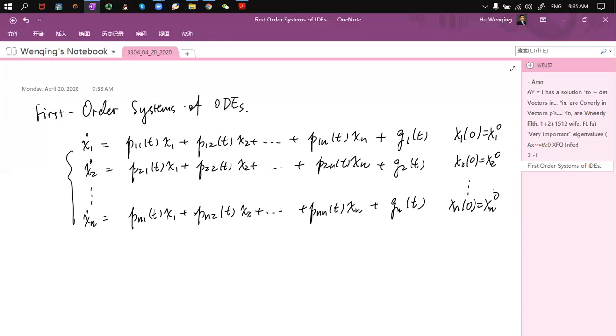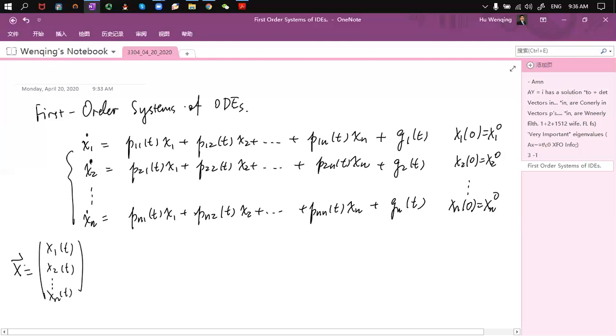If you want to solve this differential equation, you would like to introduce the vector matrix notation. So you set x equal to x1, x2, and so on. Of course, these are functions of t, so this is x of t.